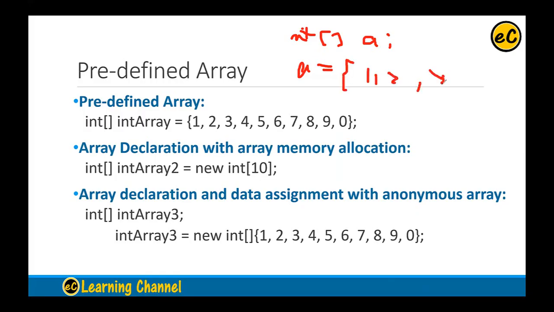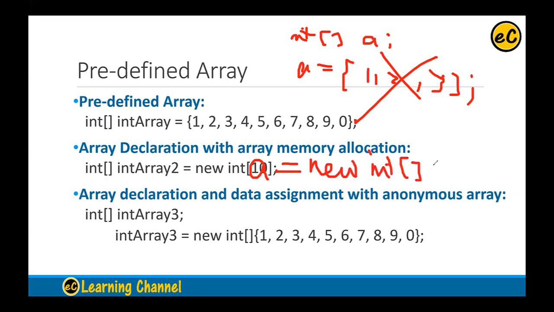This is wrong. You have to write A equals new int, bracket, curly brace, 1, 2, 3. Is that okay so far? It's one thing you need to remember.